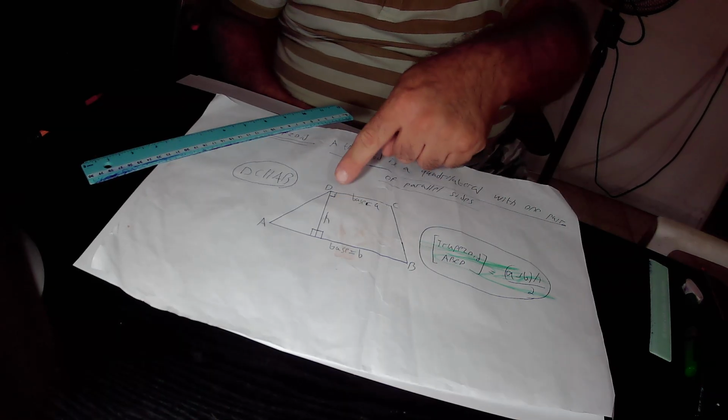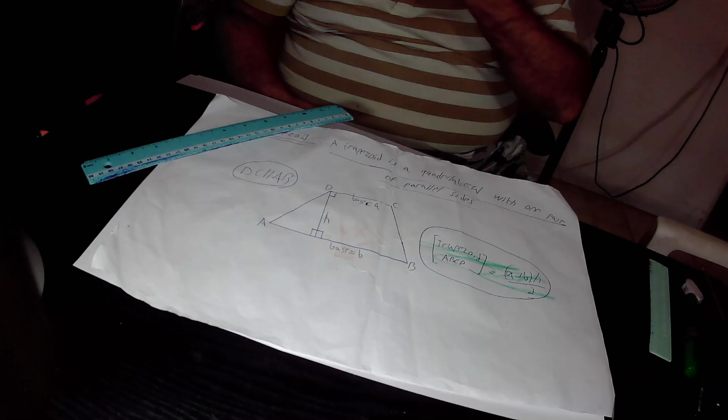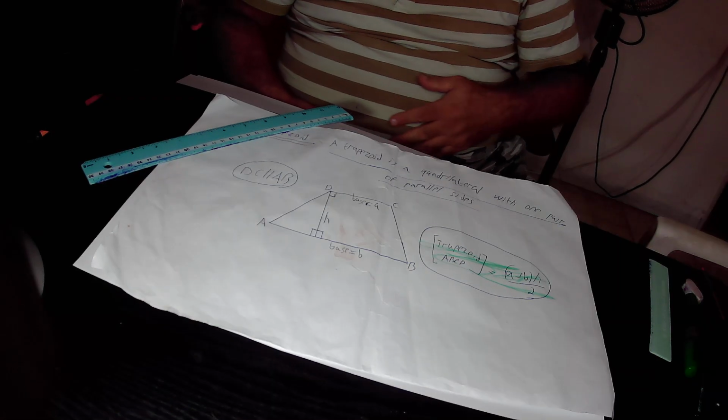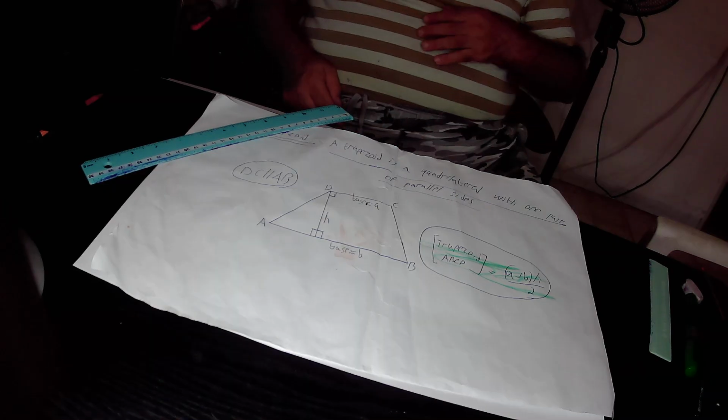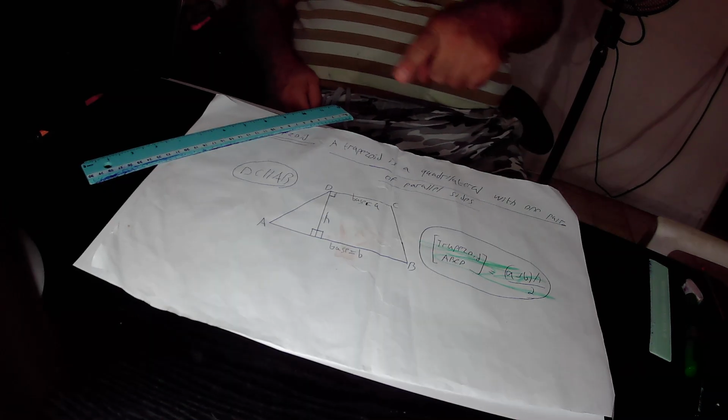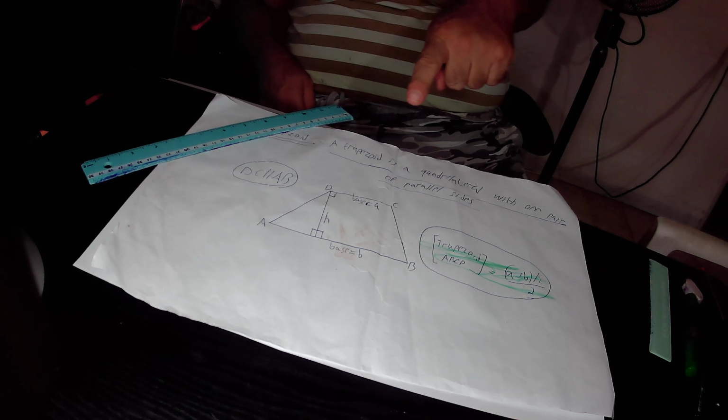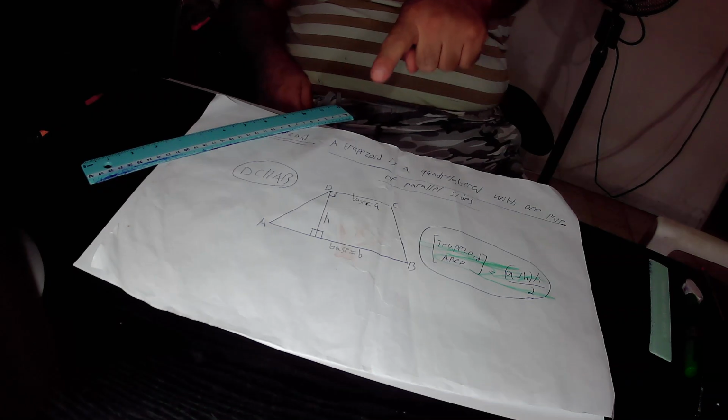You can see here that it creates 90 degrees with the two parallel bases. So in conclusion, a trapezoid is a quadrilateral with one pair of parallel sides, and its area equals the sum of its two parallel bases, in this case A plus B, times the height over 2. And the height must create 90 degrees with those two parallel bases.